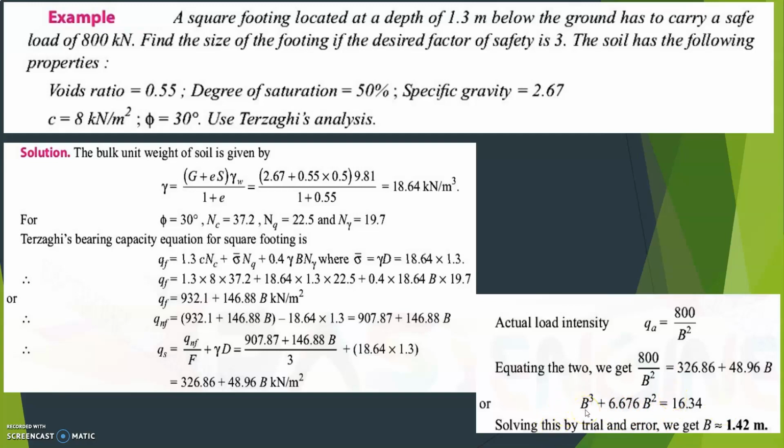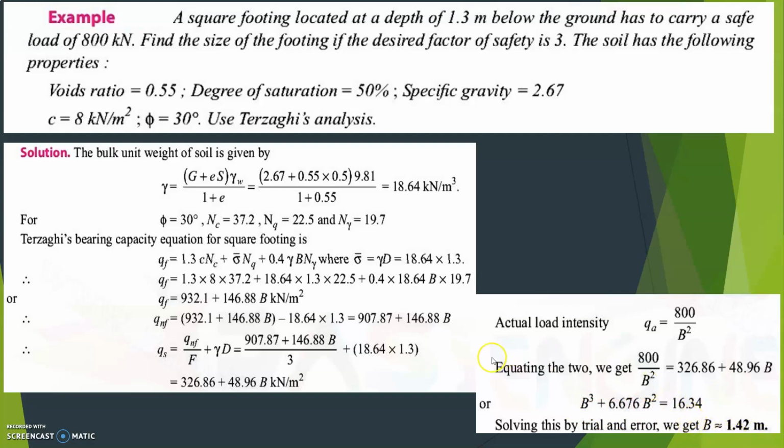If you substitute B is equal to 1, you get 1 plus 6.676, which is not correct, since this should be 16.34 when simplified. So again substitute different values. If you substitute 1.42, the left side is equal to the right side. So you try this, you have to get the answer B is equal to 1.42 meter.